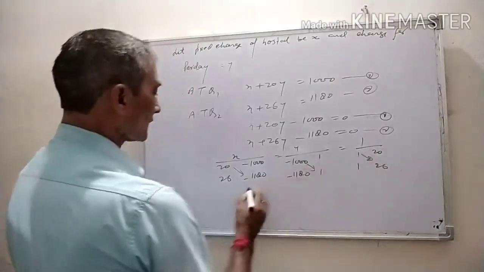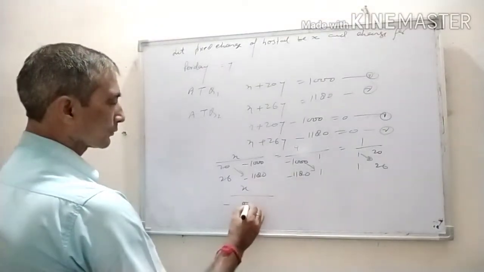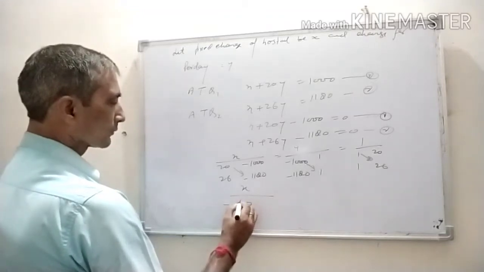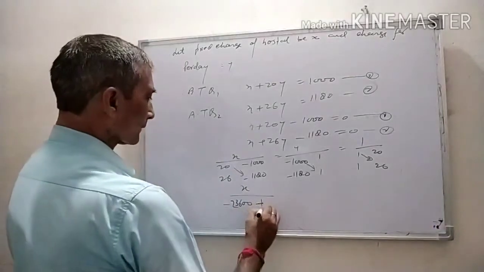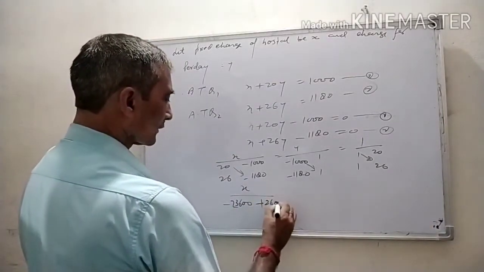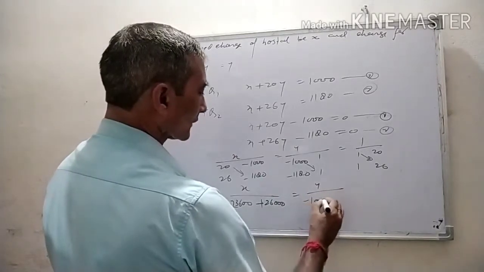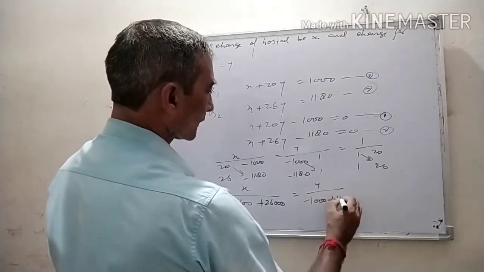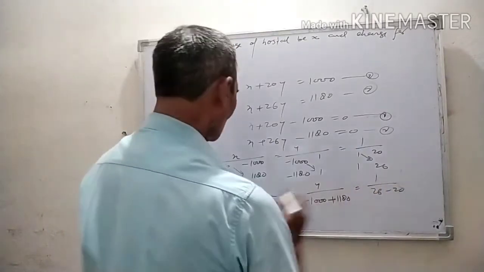By this process you will get x upon minus 20 times 1180 plus 26 times 1000, y upon minus 1000 plus 1180, 1 upon 26 minus 20.